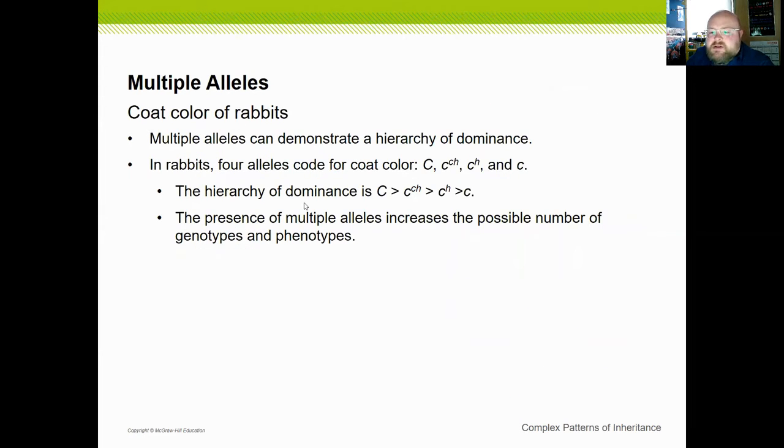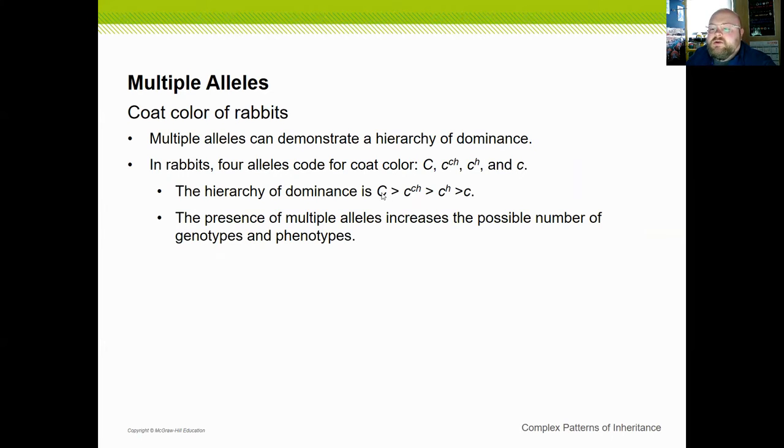In rabbits, the color of their fur comes from multiple alleles. If you can picture a pet rabbit, you've probably seen a solid white rabbit, a solid black rabbit, gray, brown, whatever. But sometimes they have splotchy fur with multiple colors in it. And you can tell the hierarchy of dominance based on the colors. In rabbits, 4 different alleles code for coat color.